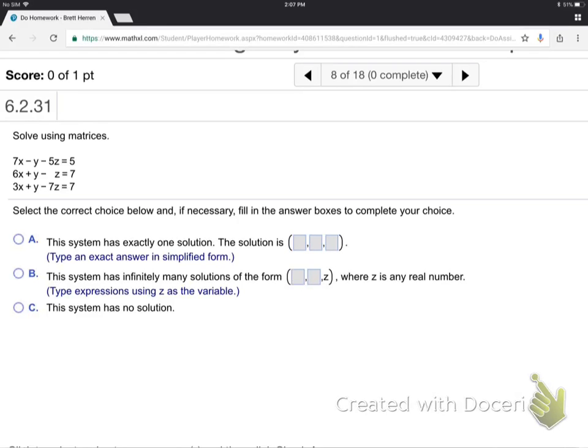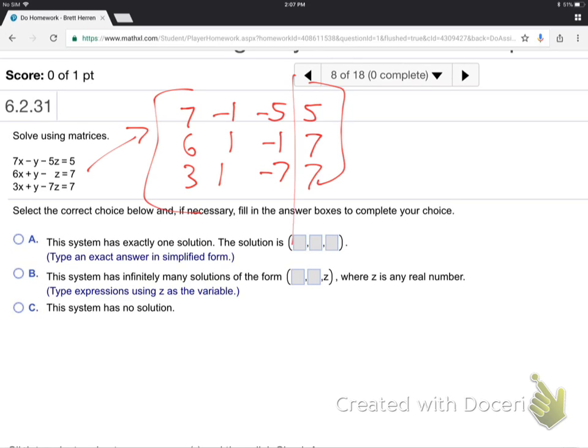Try number 8. Okay, so let's put this in. You guys have your calculator? 7, -1, -5, 7, negative 5, and then positive 5. I'm going to put that into your calculator. Put that into matrix A, and let's crank it out.